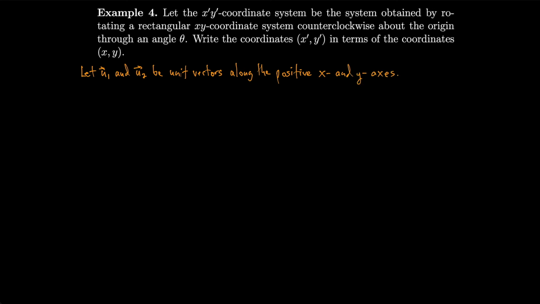So these are in regular xy space, our original xy coordinate system, and let's let u1 prime and u2 prime be unit vectors along the positive x prime and y prime axes.